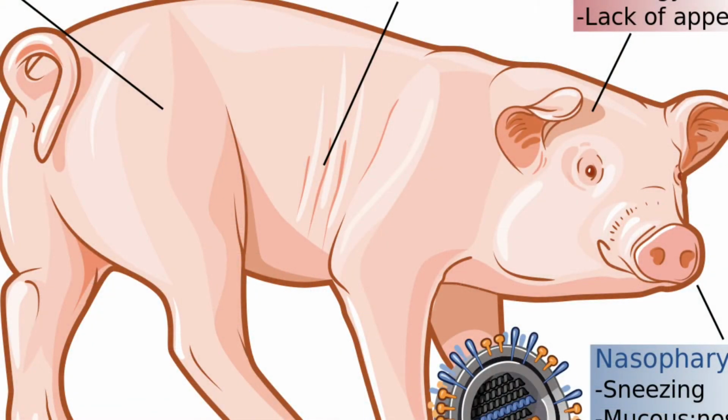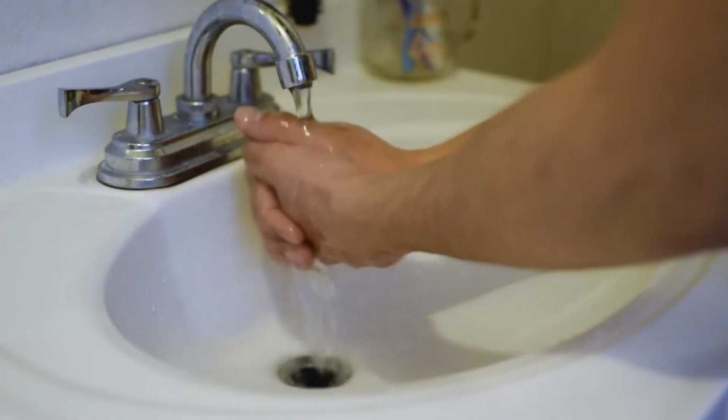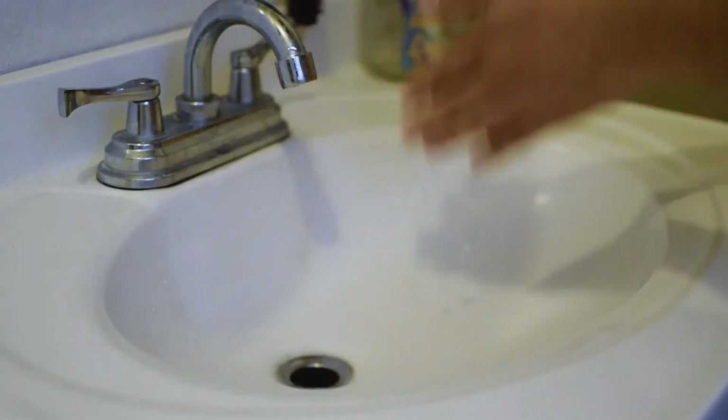Secondly, you have to stay away from the person who is infected with swine flu, and also stay away from pigs, because swine flu is caught from pigs. Maintain good hygiene in your environment and locality. Wash your hands properly with a sanitizer, detergent or hand wash.